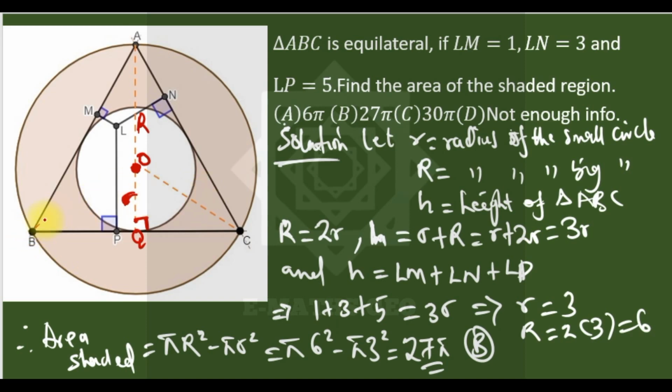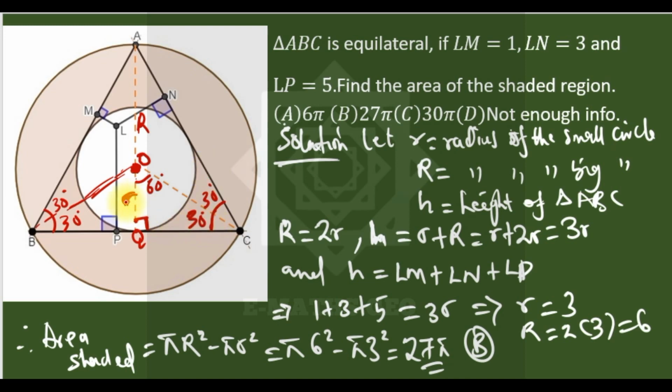So I'm saying that if I bisect these 2 angles, the interior angle is 60, since it is an equilateral triangle, so each of these is 30. This is also 30. So have you seen it? The point of intersection of the angle bisectors becomes the center of the circle. So we now have a 30, 60, 90 triangle.